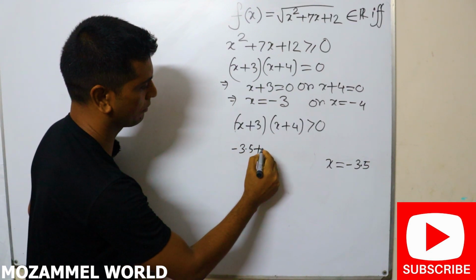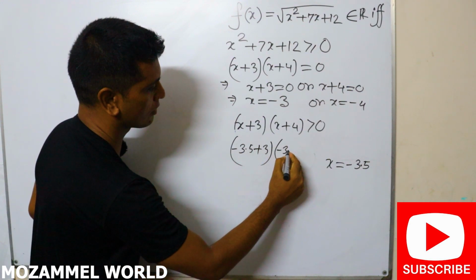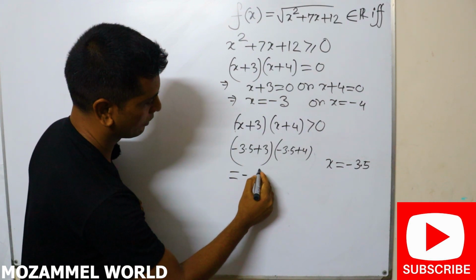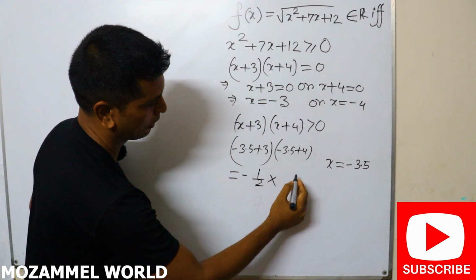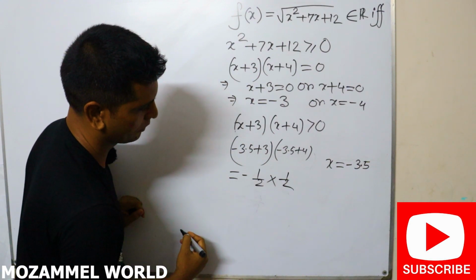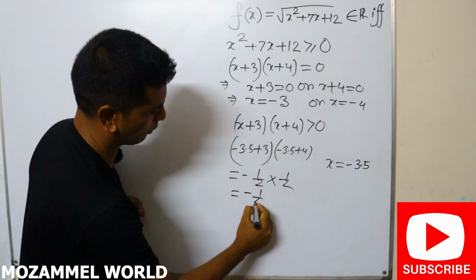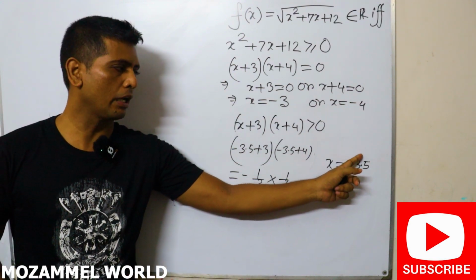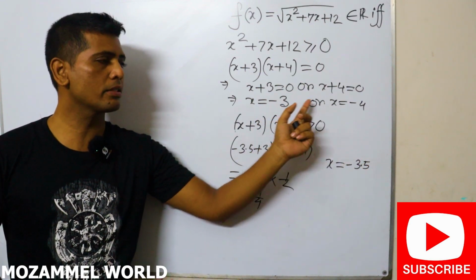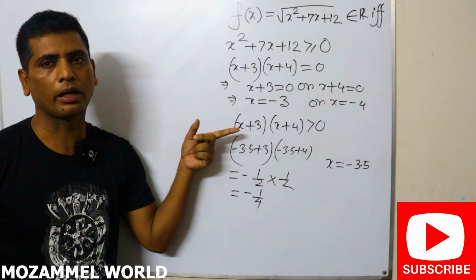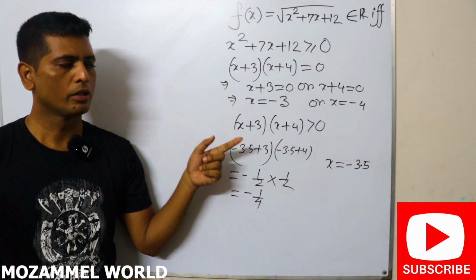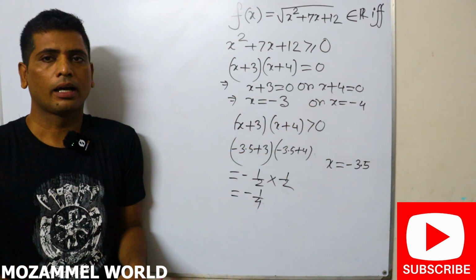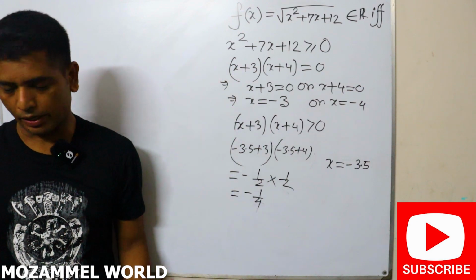Minus 3.5 plus 3 is minus half here, and in here minus 3.5 plus 4 is only half, that means minus 1 by 4. So x equals minus 3.5, which lies between minus 3 and minus 4, does not satisfy this condition. So the values that lie between minus 3 and minus 4 will not be in the domain of this function.